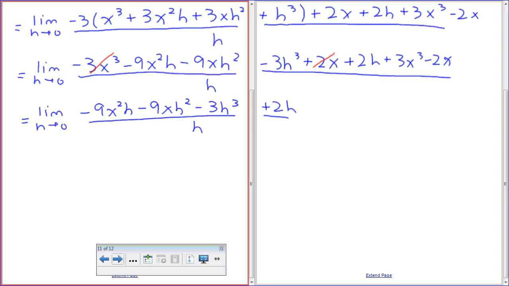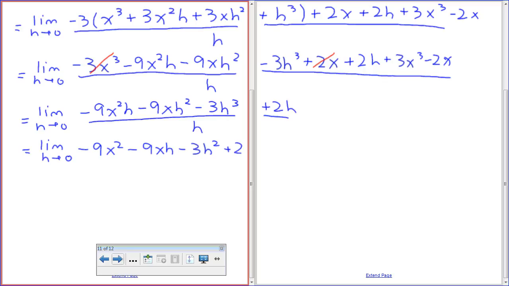But that was a lot of algebra we did. This is starting to feel good, I hope. Hope you're looking at this and saying to yourself, this is nice. Nicole, why are we happy at this moment? The h's are all gone, right? So anything that has a single h, I can get rid of. So it's going to be negative 9x squared minus 9xh minus 3h squared plus 2. Luke, we're almost done.